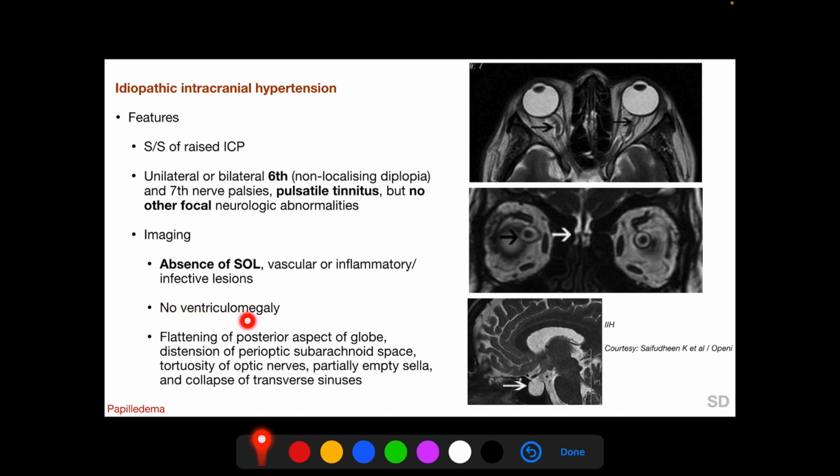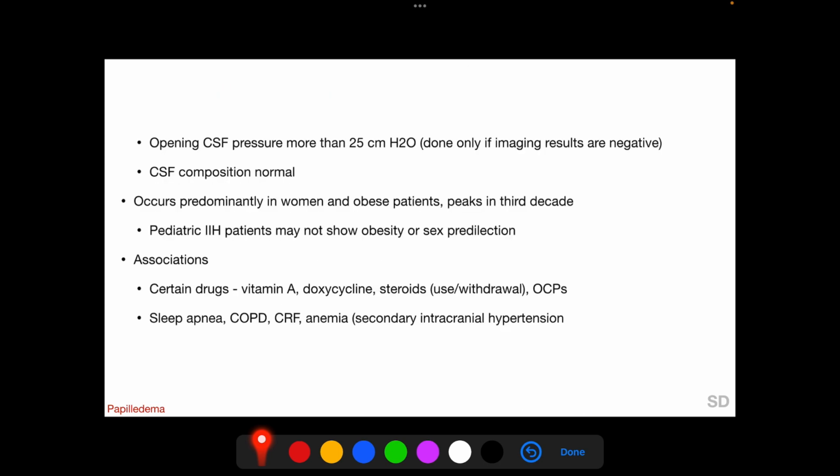There is no ventriculomegaly as may happen with hydrocephalus, and we find flattening of the posterior aspect of the globe, distension of perioptic subarachnoid space, tortuosity of optic nerves, a partially empty sella, and collapse of transverse sinuses due to the raised intracranial pressure.